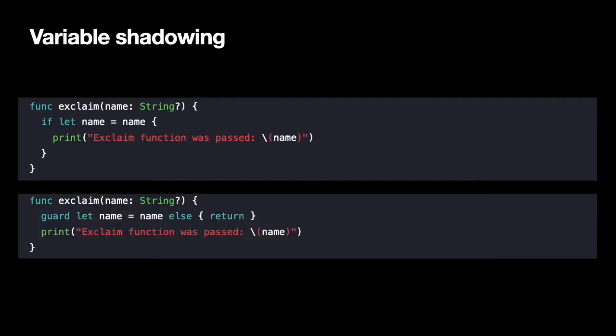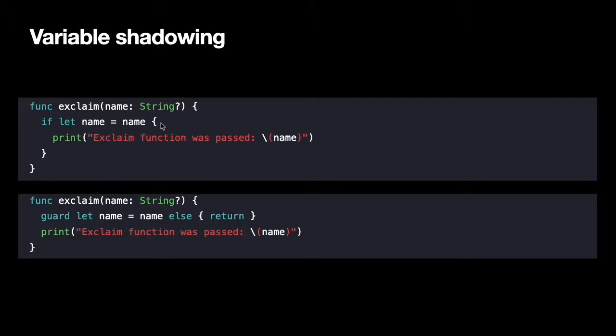Here are two more examples of using variable shadowing with optional unwrapping. In the first one, we have a function which has a name parameter, which is an optional string. And then we use the if-let syntax to unwrap the optional name into a non-optional name.